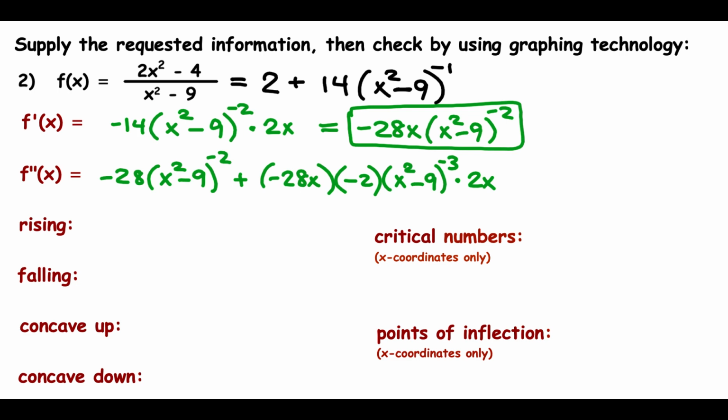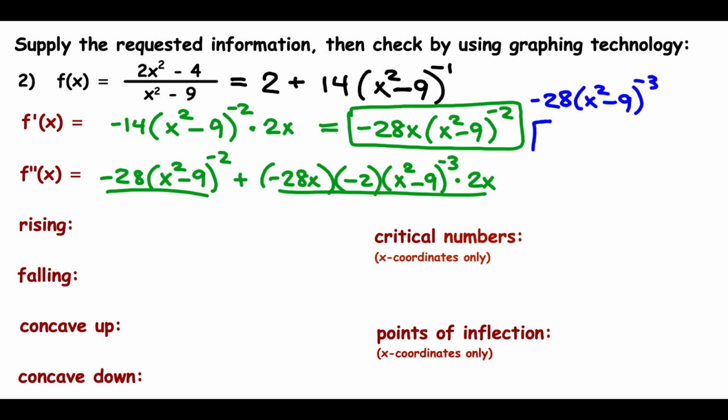Egad. All right, to simplify that, I'm going to go ahead and take out a negative 28 because both terms have it. Let's see if I can fit this over here. I'm going to come over to the right and switch colors as well. I will go with some blue. We'll take out a negative 28. We're also going to take out an x squared minus 9 to the negative third power.